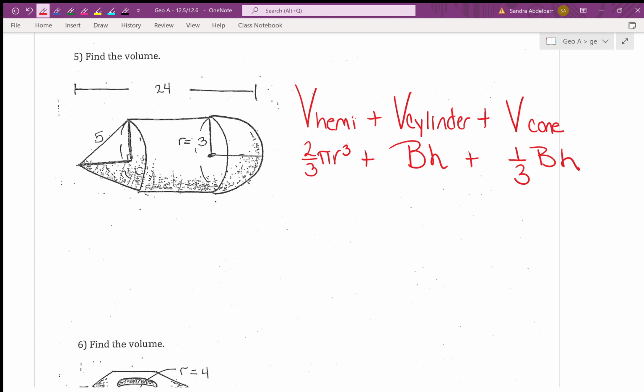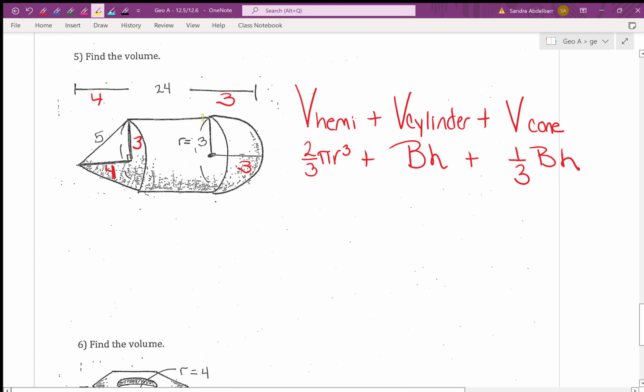This is also a radius. So that means the height of that hemisphere is 3. Well, now, the radius of this base, isn't it the same as the radius of this base? So this cone has a radius of 3, which makes it a triple. 3, 4, 5. So then this height is 4 and this height is 3.